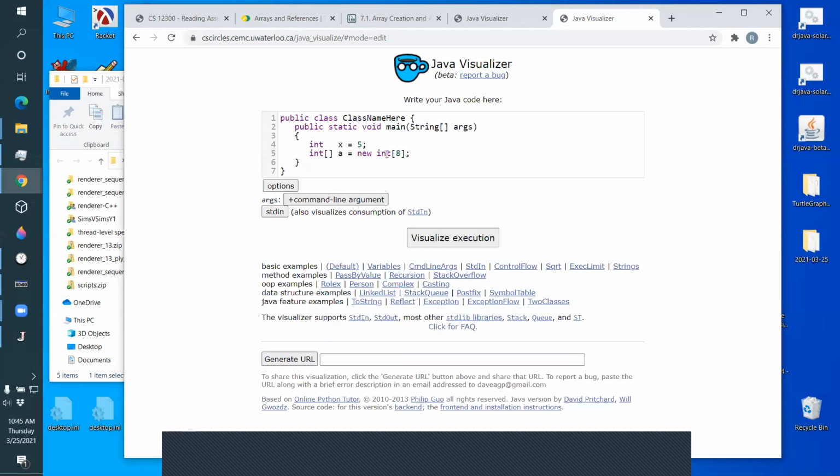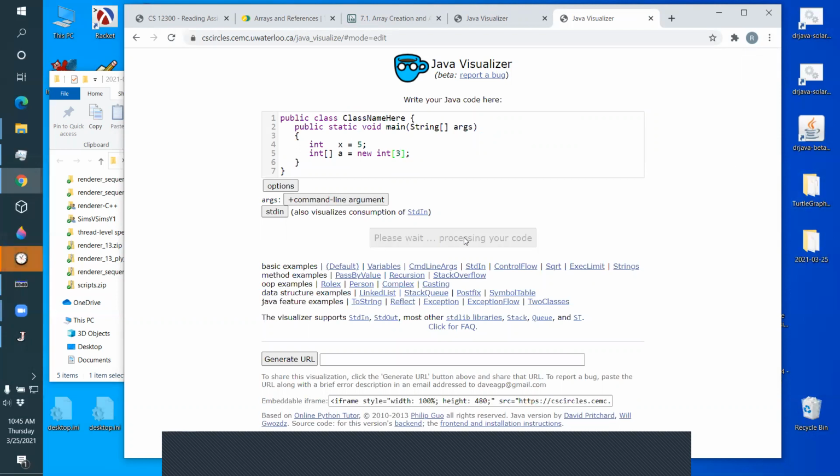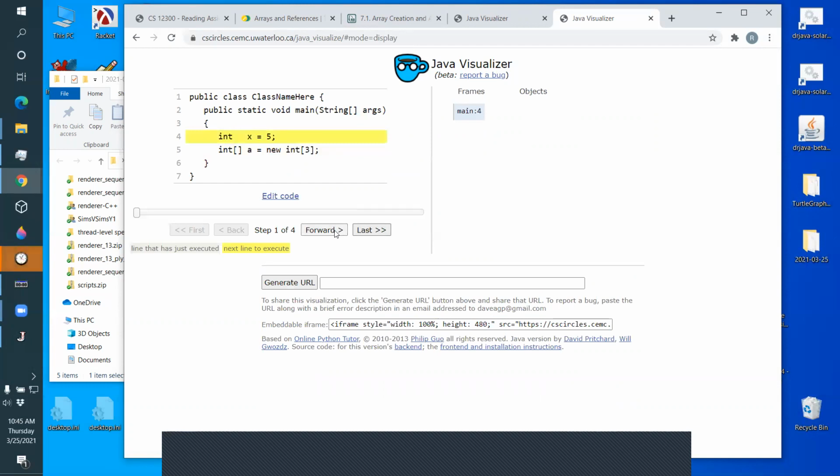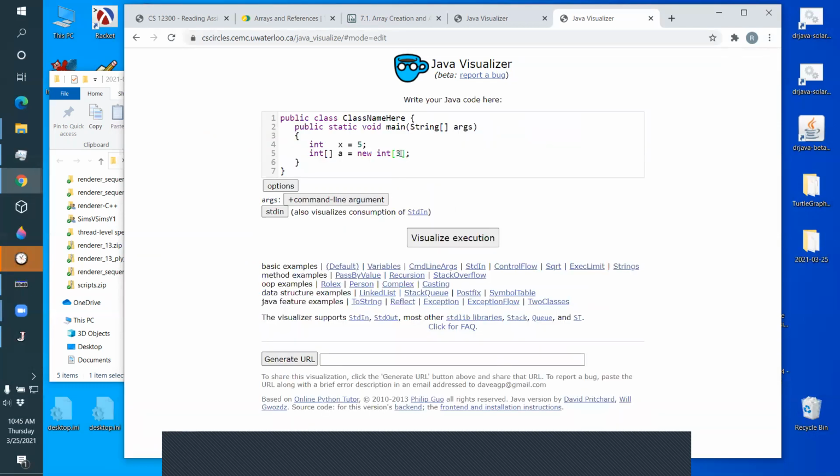Now I could create different sizes of array, like I could create an array of size 3 if I wanted. See, now here it showed me the whole array. Array of size 3 has 3 slots. I think with 4, let's see 5, if it'll show us the size 5.